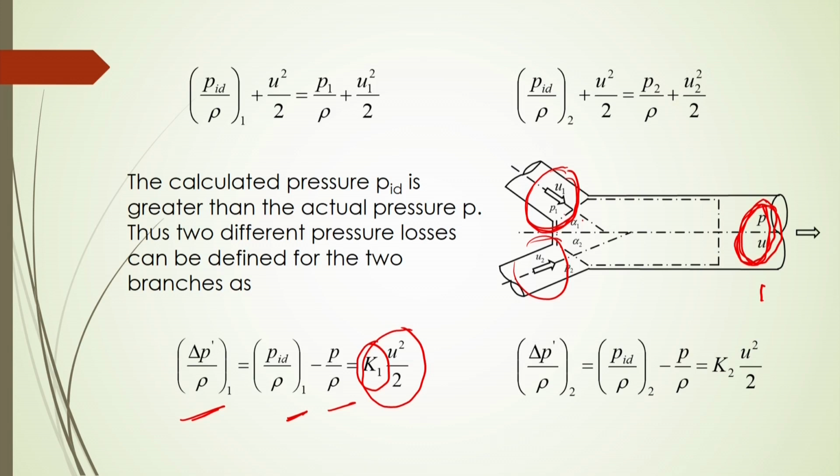Similarly, for section 2 we can have delta P dashed by rho at section 2, that will be equal to P_id by rho minus P by rho, that will be represented by K_2 into u square by 2. So, this K_2 will be its minor loss coefficient between these two sections.